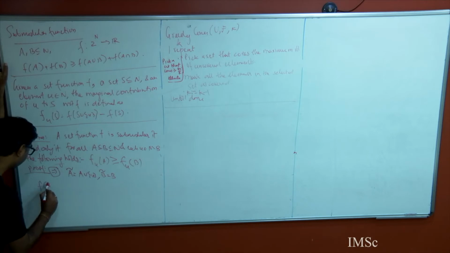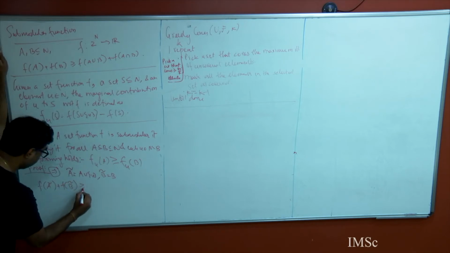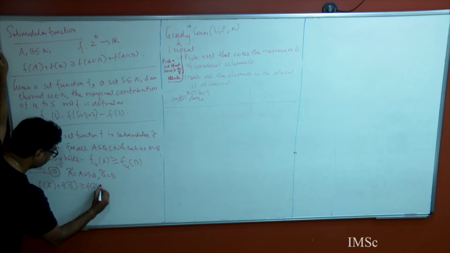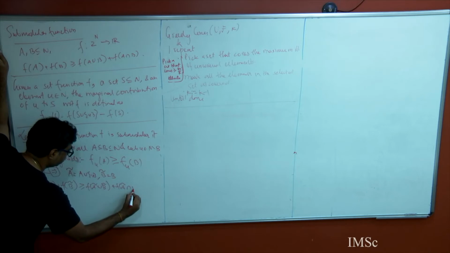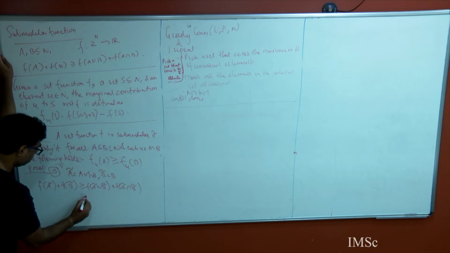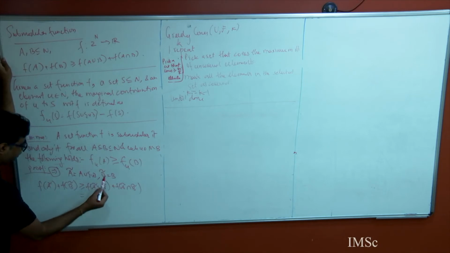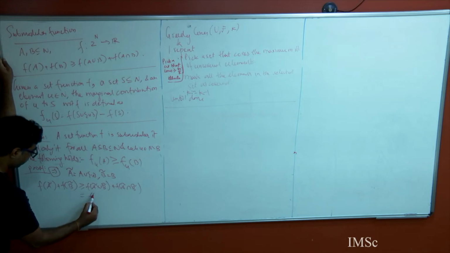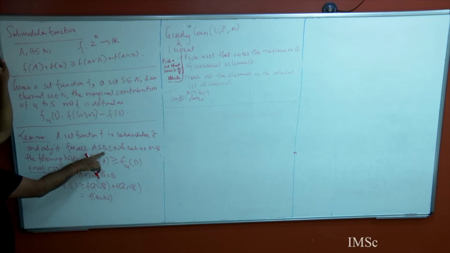It tells us f of A tilde plus f of B tilde is at least f of A tilde union B tilde plus f of A tilde intersection B tilde, right? And what is this? So what is f of A tilde union B tilde? It is basically f of B union U, right? Because A is a subset of B.